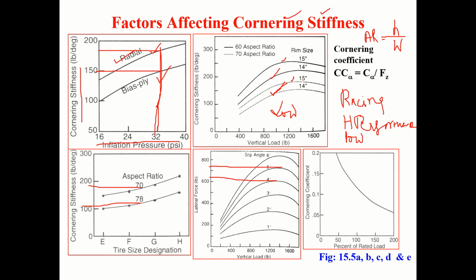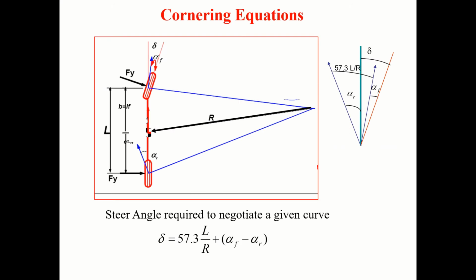Here is cornering coefficient versus percentage of rated load. Cornering coefficient is defined as cornering stiffness per unit of vertical force. These are very important while choosing the type of tire. Please note this.